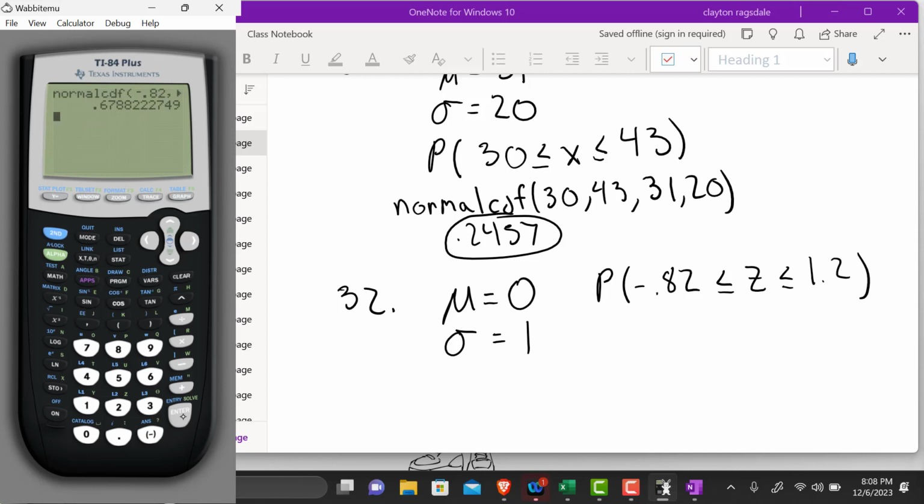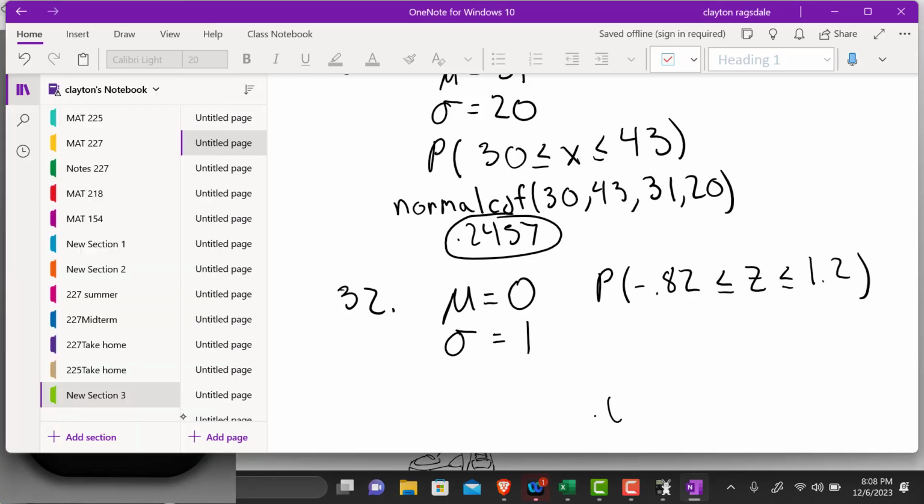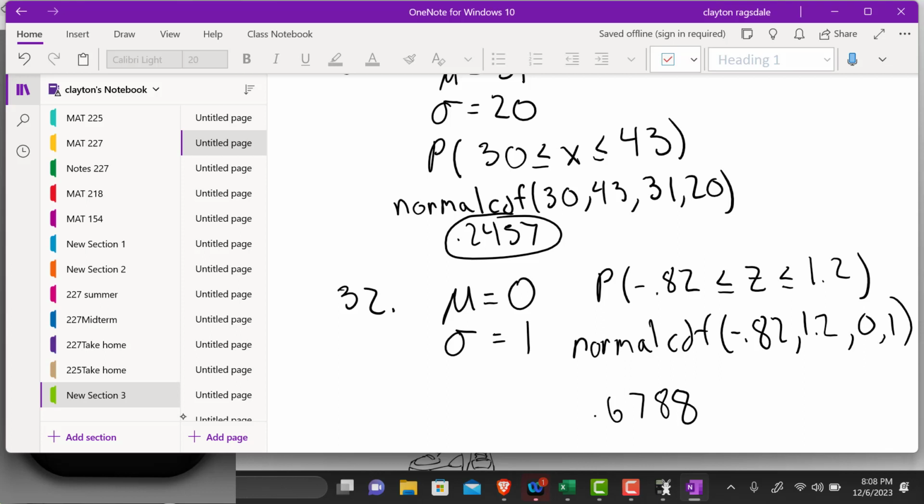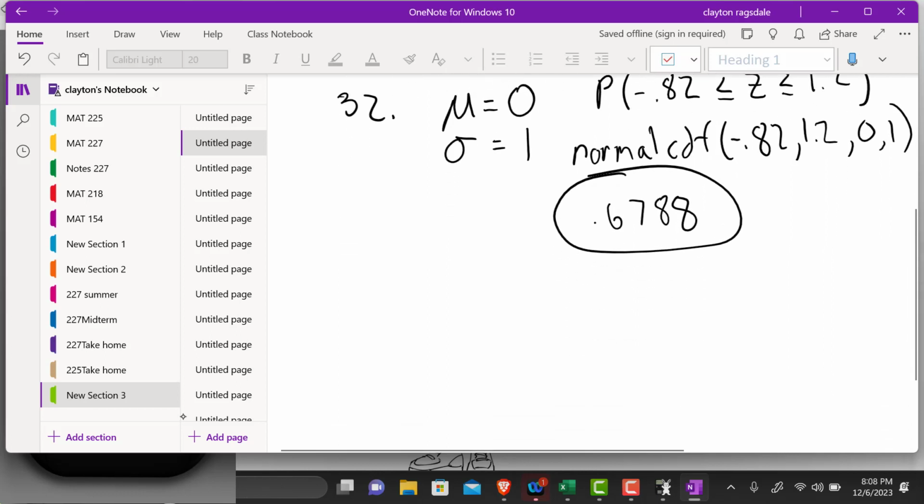And we'll write that down as well. Our answer is 0.6788. And this was normal CDF, negative 0.82, 1.2, 0, 1. Okay, and we'll keep moving.